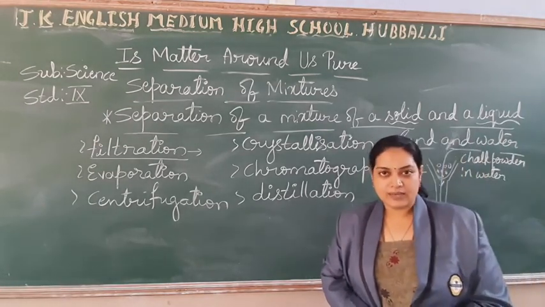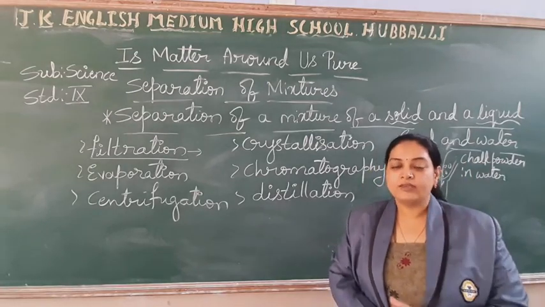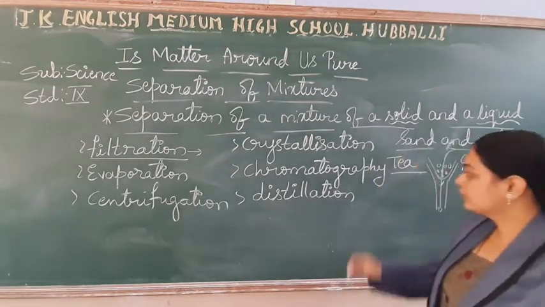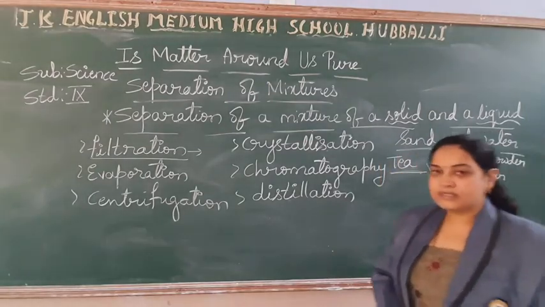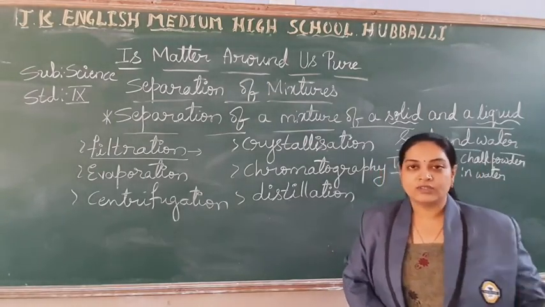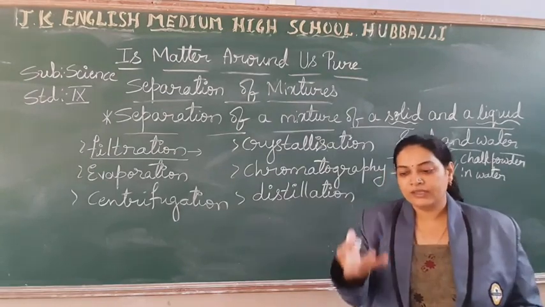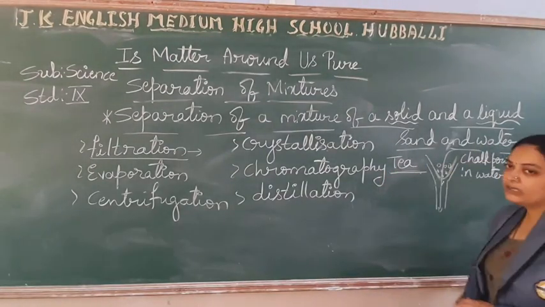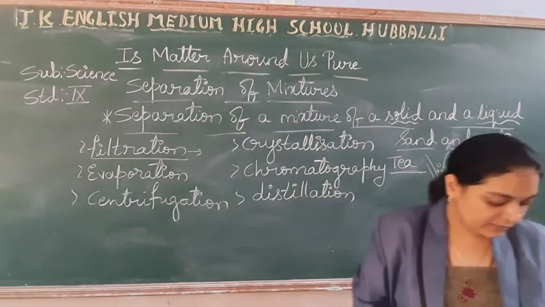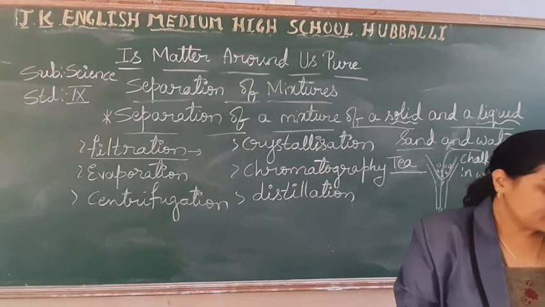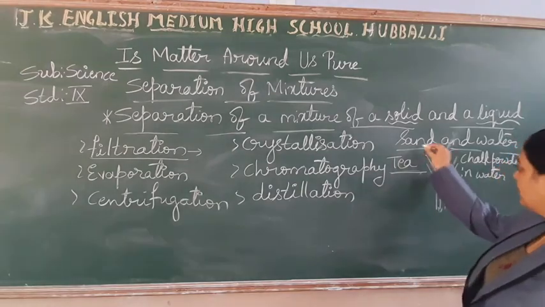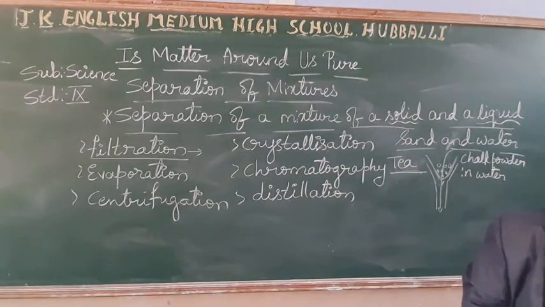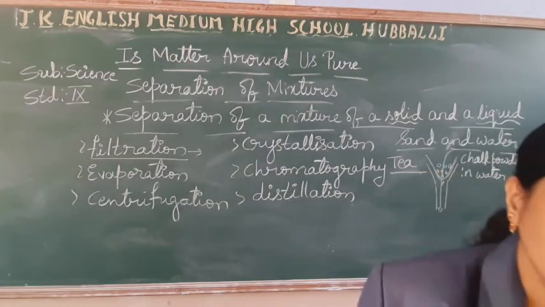The tea leaves which you have extracted fully, after extraction, you are going to filter the tea. You want to remove the tea leaves from the tea. You separate them with the help of a funnel, here using a filter paper. So this is one method for separation of a solid and liquid mixture, called the filtration process.